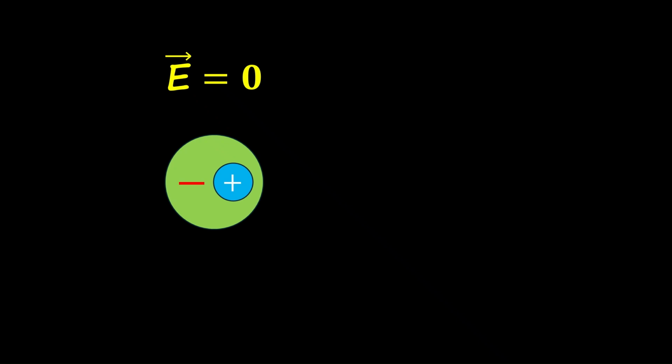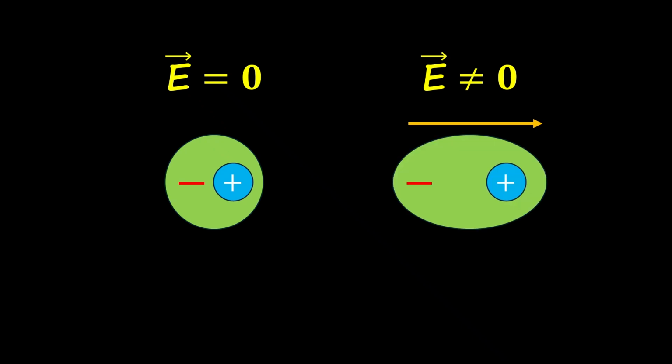But the moment we apply an external electric field, the atom will have a dipole moment, because the center of the positive charge distribution and the negative charge distribution will be separated. So we'll have a non-zero dipole moment.